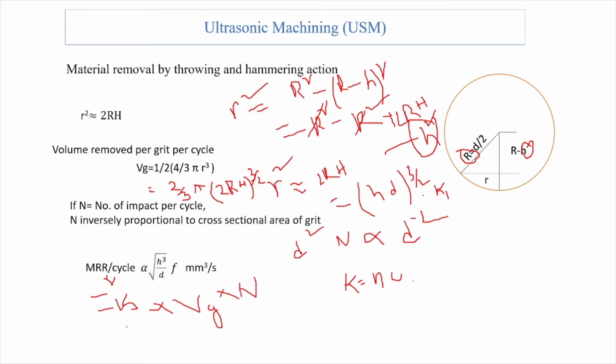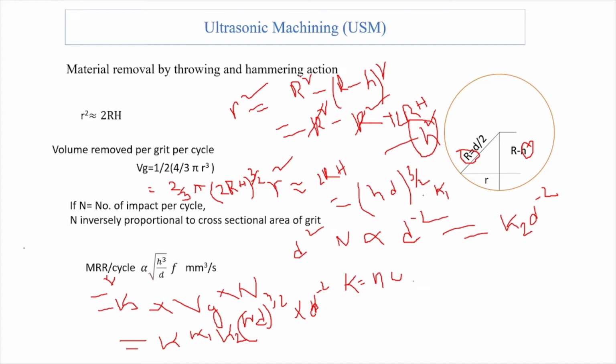If we simplify or put in all the equations, Vg equals h d to the power 3 by 2 times K1, and N we have seen we can write as K2 into d to the power minus 2. So here we write K into K1 into K2 into h d to the power 3 by 2 into 1 by d square.